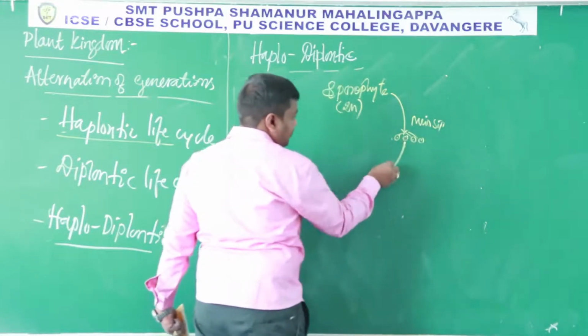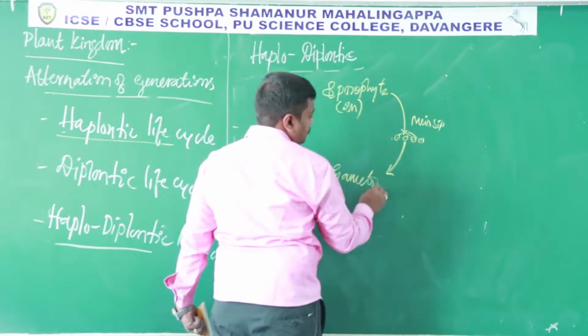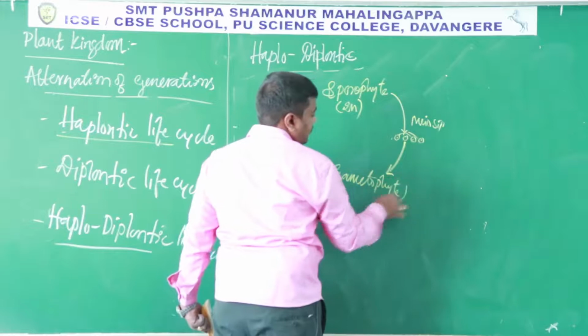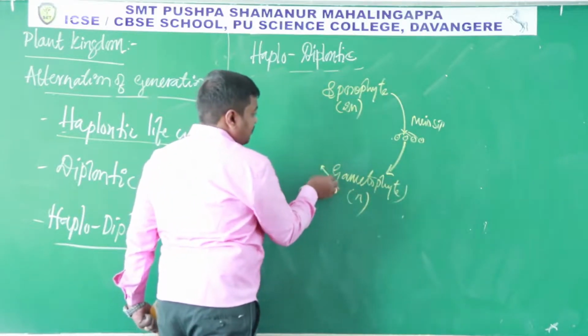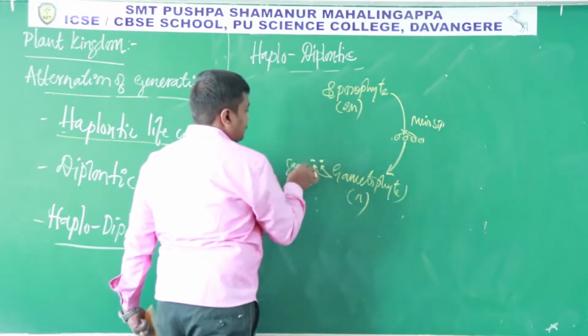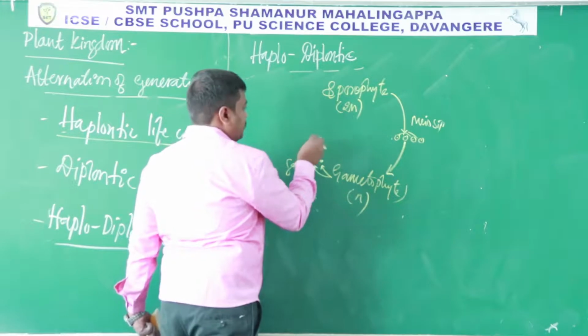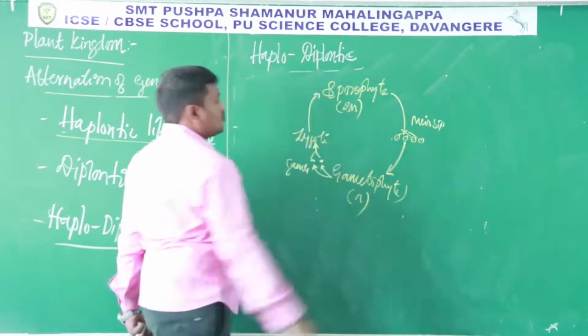This spore develops into gametophyte. Okay, so this gametophyte produces gametes. Gametes fuse to form zygote, which develops into sporophyte.